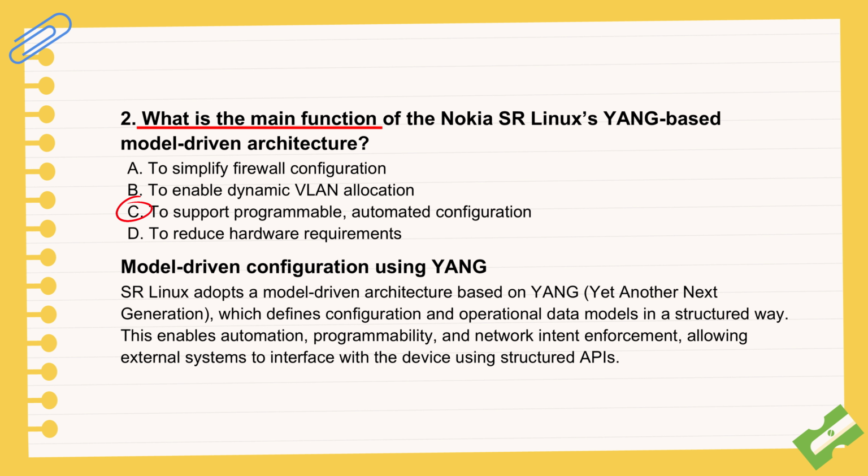Automated. So the explanation says this Yang architecture presents all the data, config, and operational state in a really structured, standard way. That's the key, because once it's structured, automation tools and controllers can talk to the network using APIs like gNMI or NETCONF.